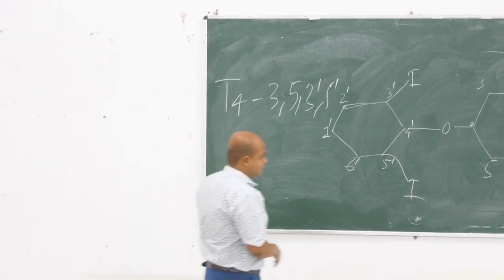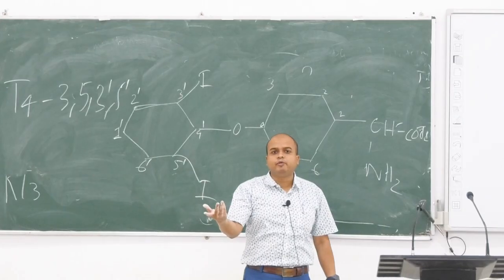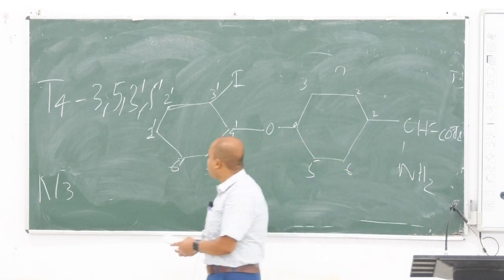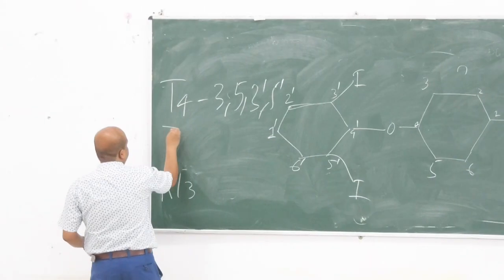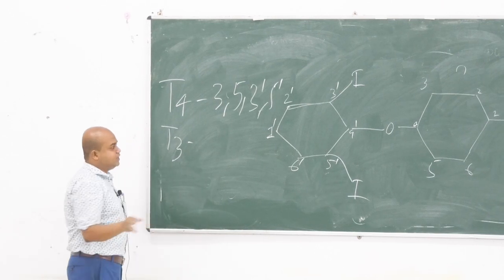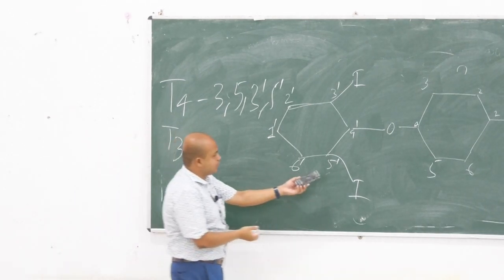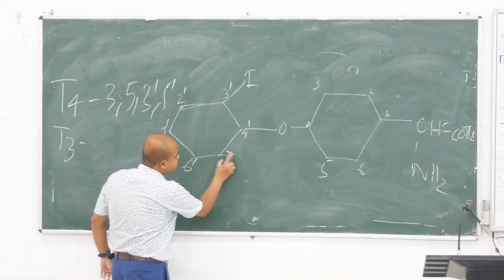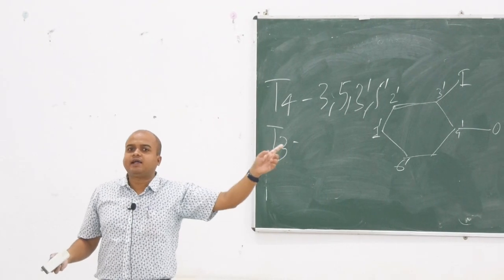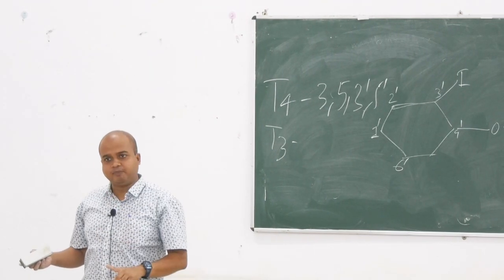Then if one DIT and one MIT are condensed, what will be formed? T3. T3 will not contain this iodine at 5'. You understood, because iodine will first be attached to the third position, not the fifth position.